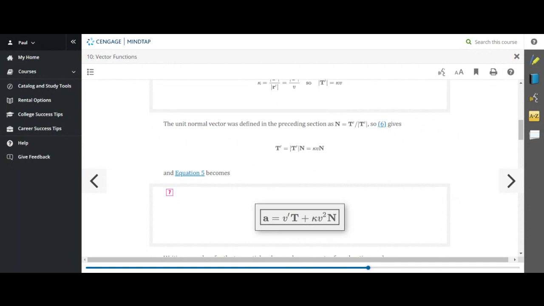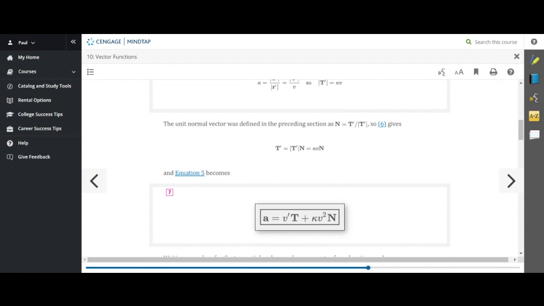Acceleration, that's right. Good. So the acceleration vector can be written as the acceleration times the tangent vector plus the curvature times the square of the speed times the normal vector.